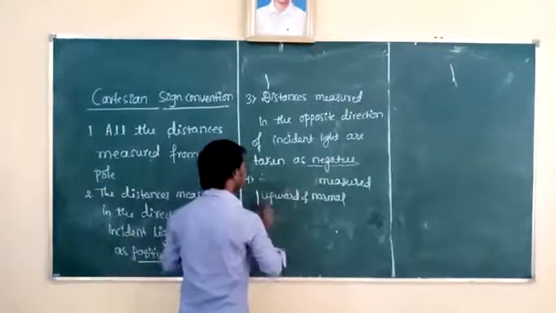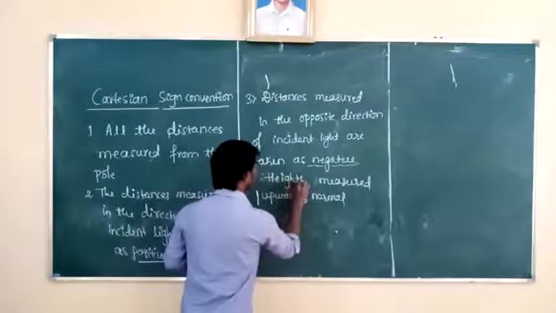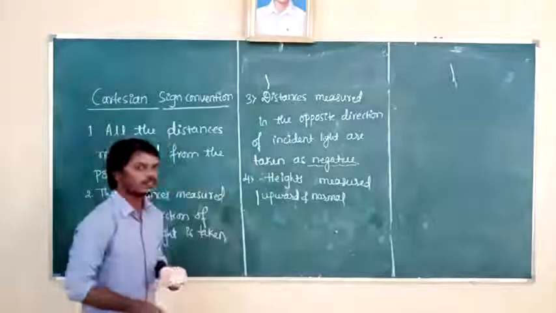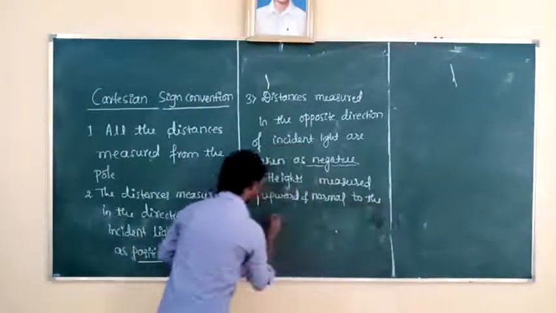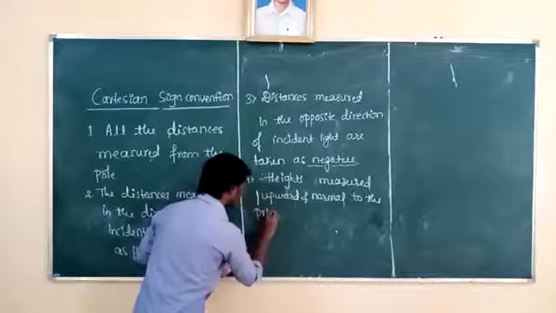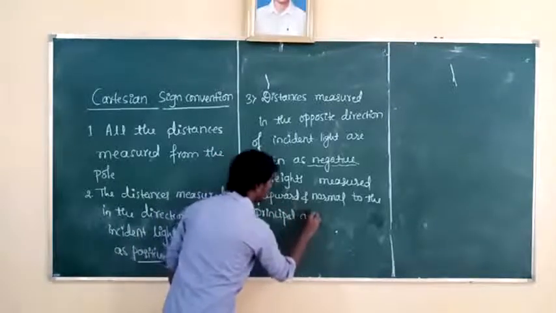Heights measured upward and normal to the principal axis are taken as positive.